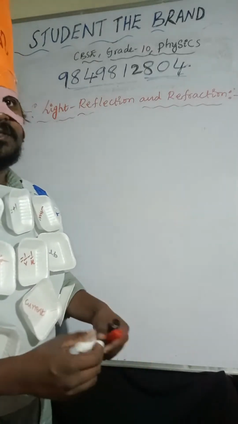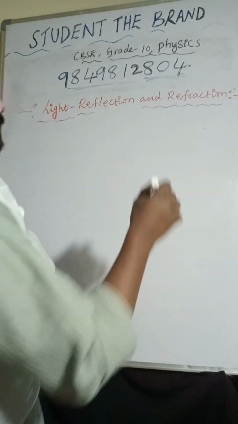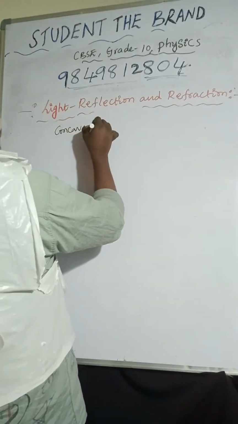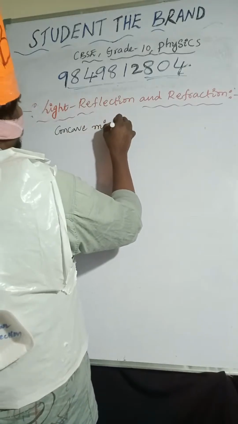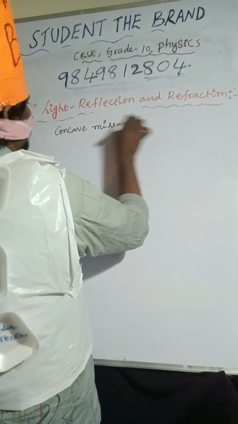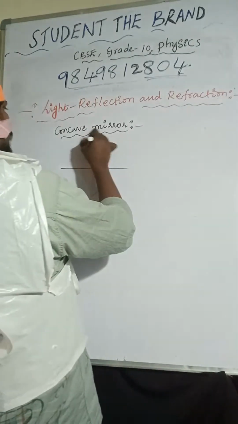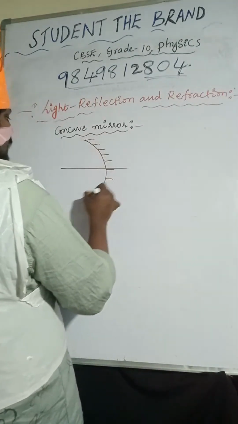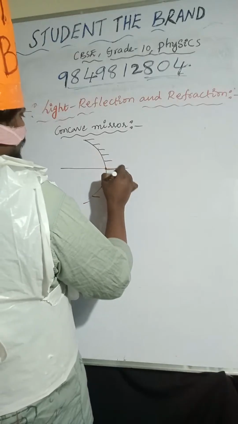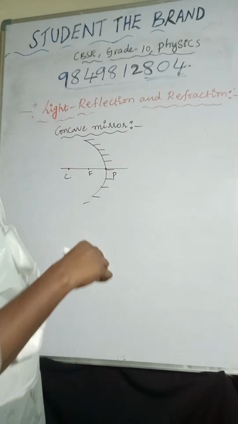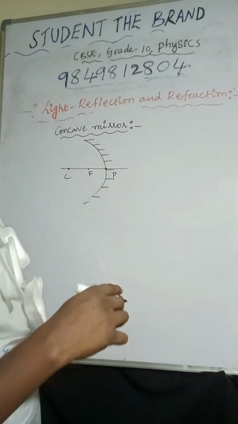Now you can observe the concave mirror, with the pole, focus, and center of curvature.